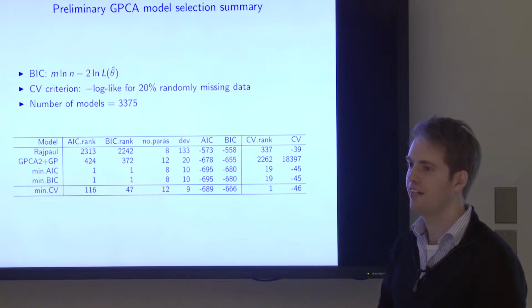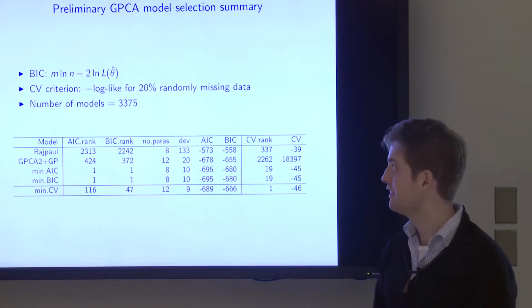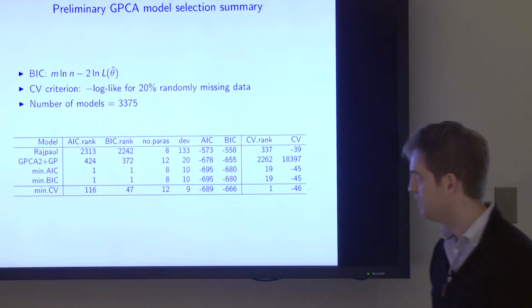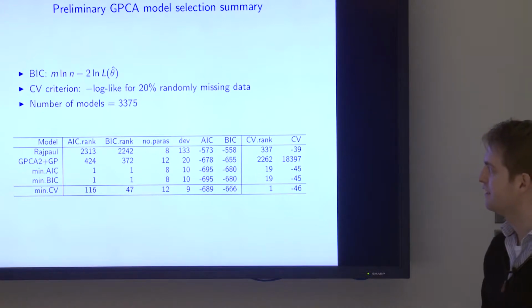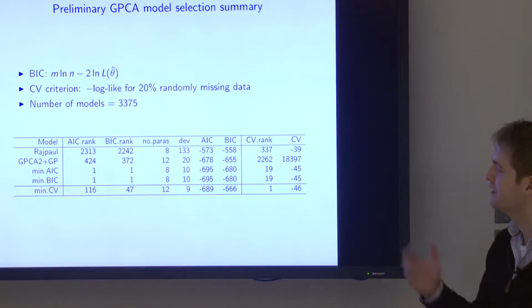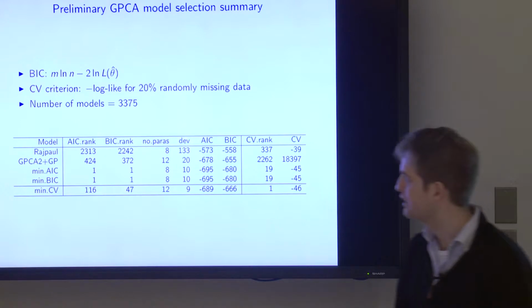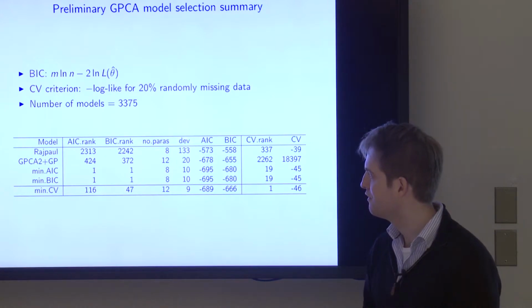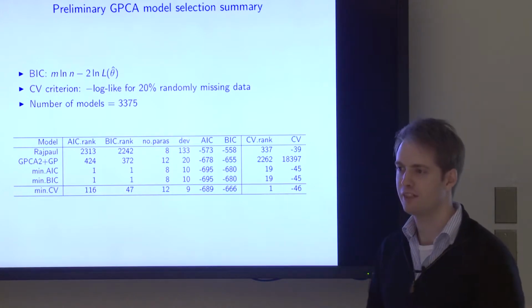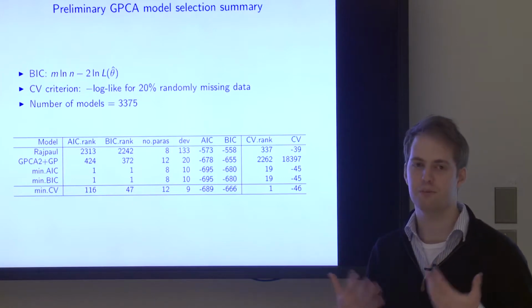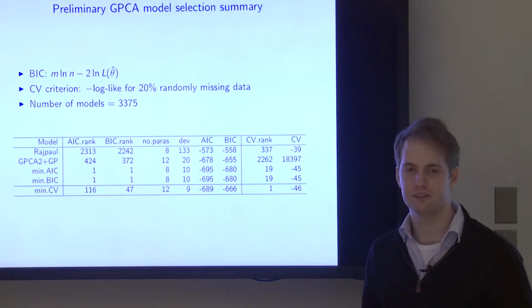All the possible models turned out to be 3,375, and for our stellar activity proxies, the Rajpaul model was the 2,200-something best BIC model. So if we just look at the BIC criterion, it's about the 2,000th best model.